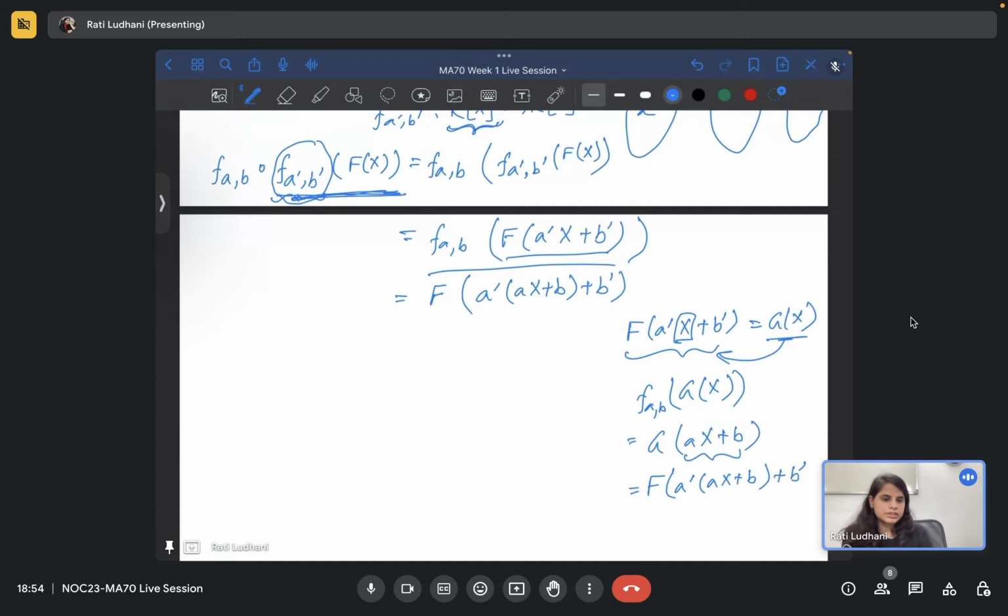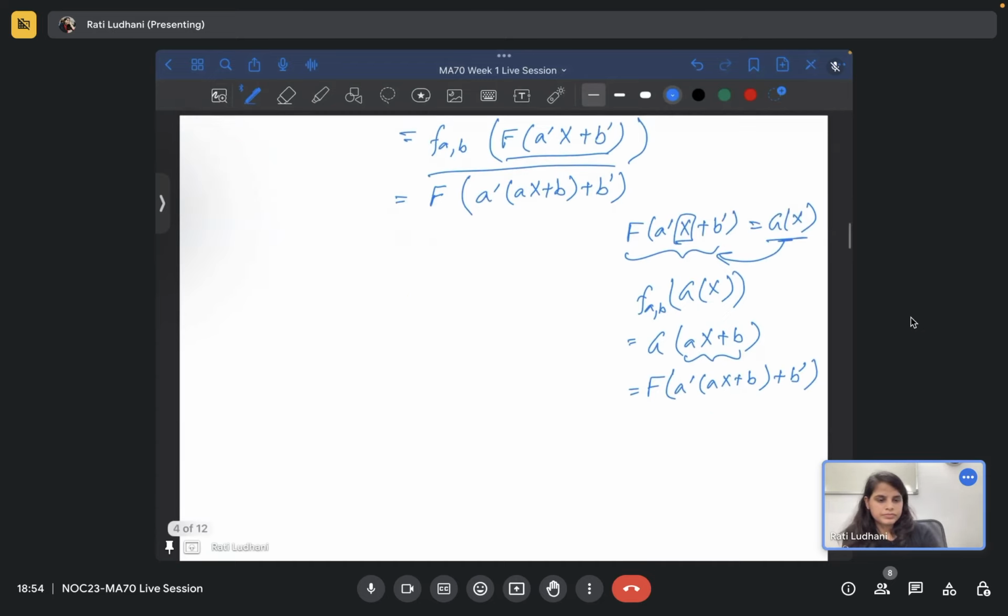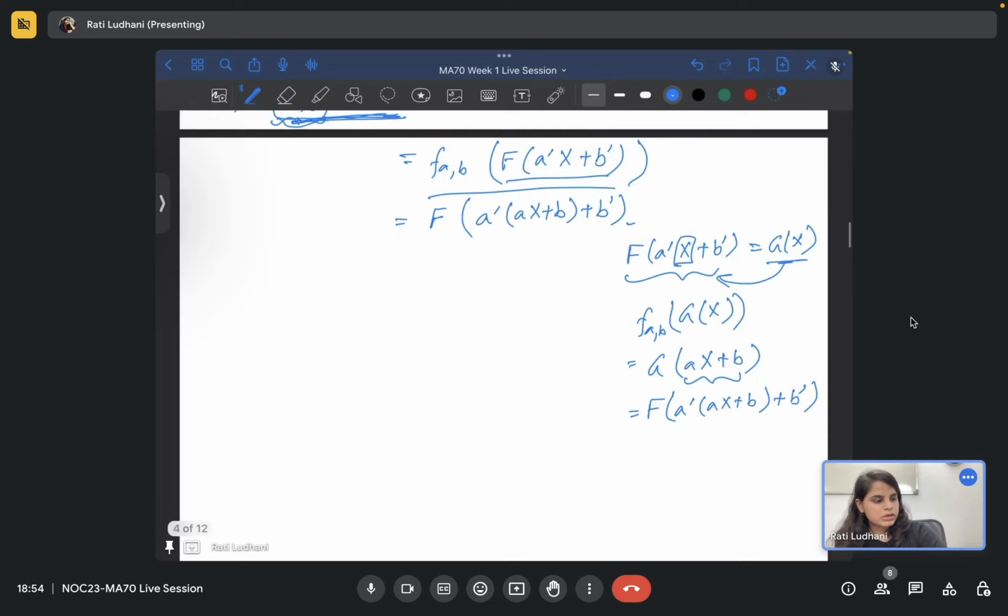Is this clear? Yes, sir. Okay, so this is this map. Now we can write it in our usual form: a'a x plus a'b plus b'. What I mean by usual form is that this is an element of R, and this is an element of R, in terms of cx + d.